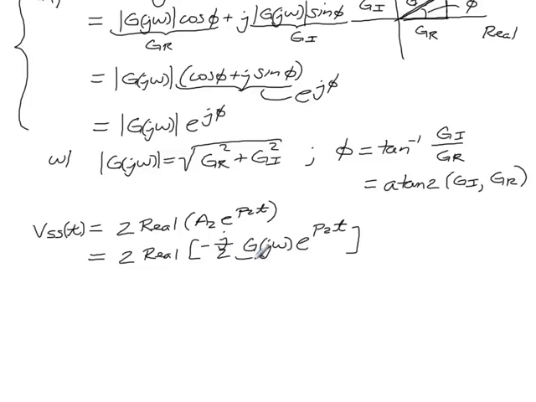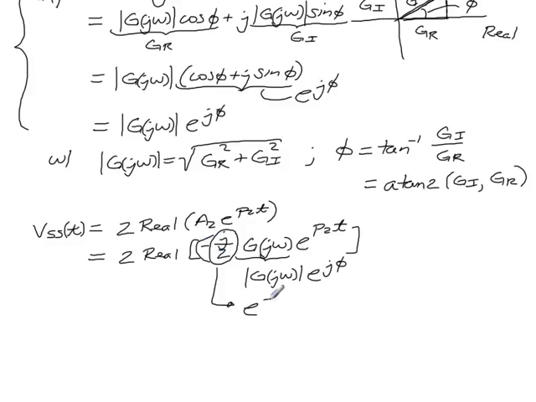Okay, so now this is where we take advantage of this. This becomes the magnitude, modulus of G, times e^(jφ). I can also convert this term here to a polar form. That one ends up being e^(-jπ/2), if I put the minus sign in there.